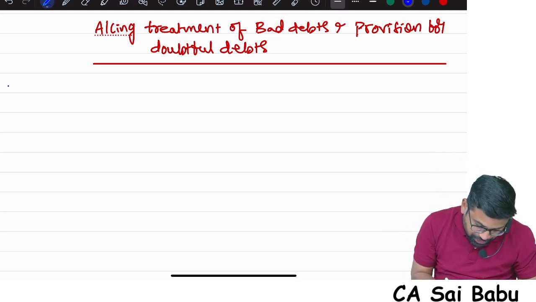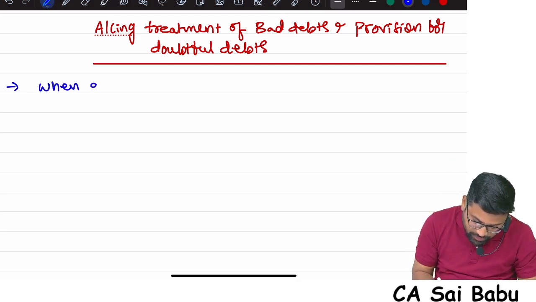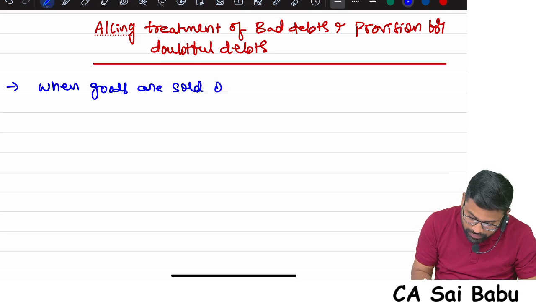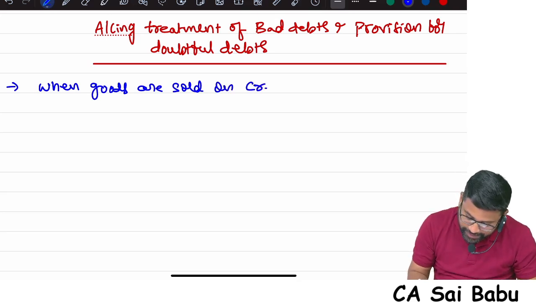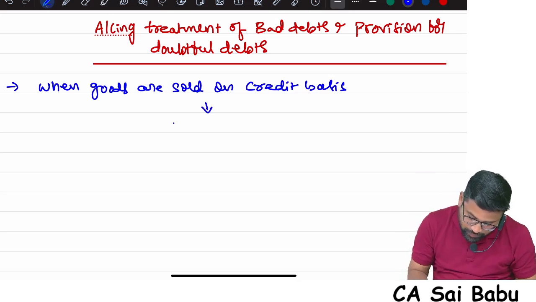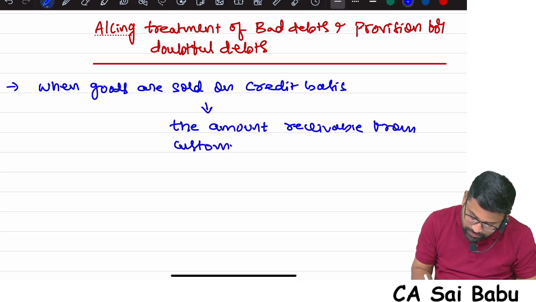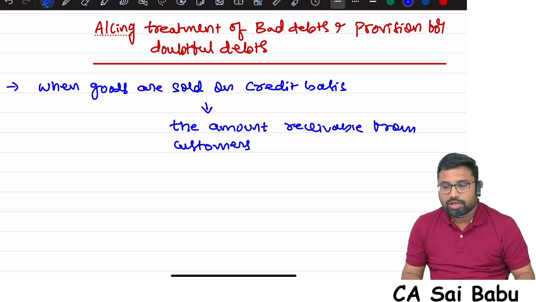So the first point you need to remember, please write down the notes. When goods are sold on credit basis, the amount receivable from customers, also we call them as what?